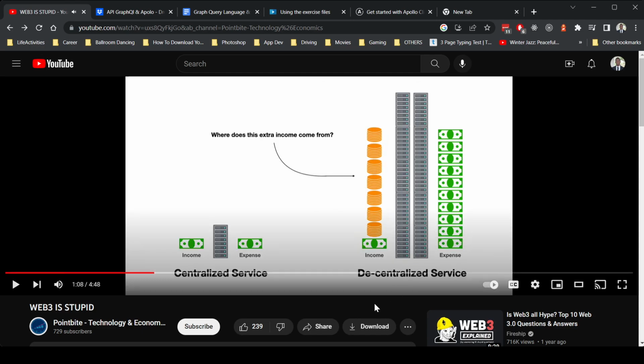Okay, so this here is the problem with NFTs and the problem with cryptocurrency, Ethereum or whatever you call it, Bitcoin and whatever cryptocurrency is out there right now.